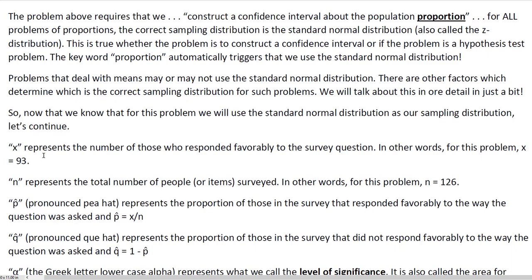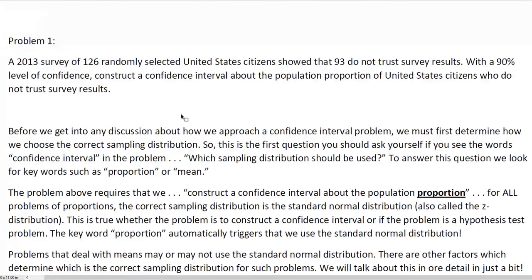The first thing is x. X represents the number of those who responded favorably to the survey question. In other words, this question asked, do you trust surveys? And out of the total of 126 people, as it says in the problem right here, it said 93 people do not trust survey results.